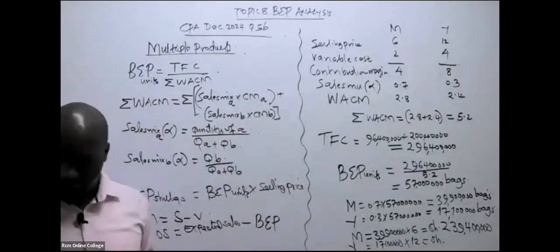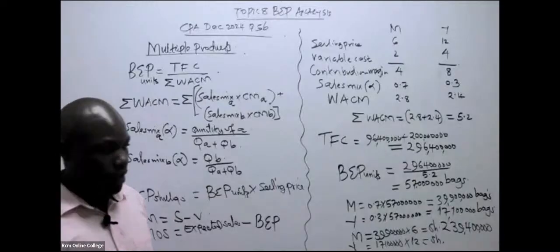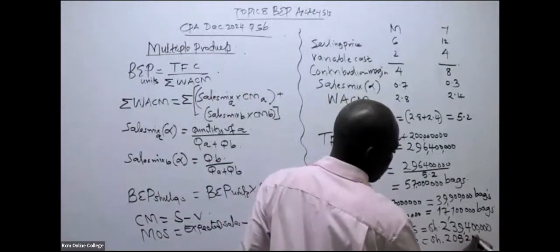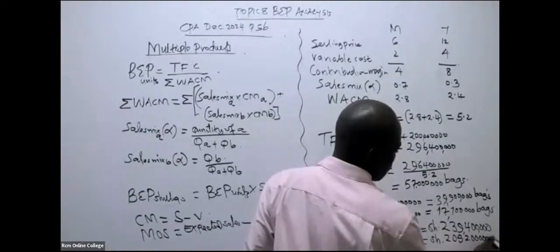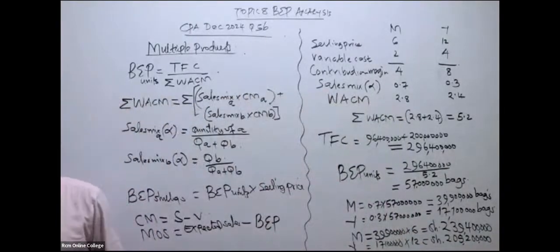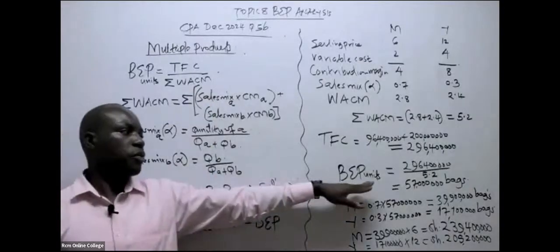How about product Y? 205 million, 200,000. That's how you're supposed to do your calculations for the break-even point in units.